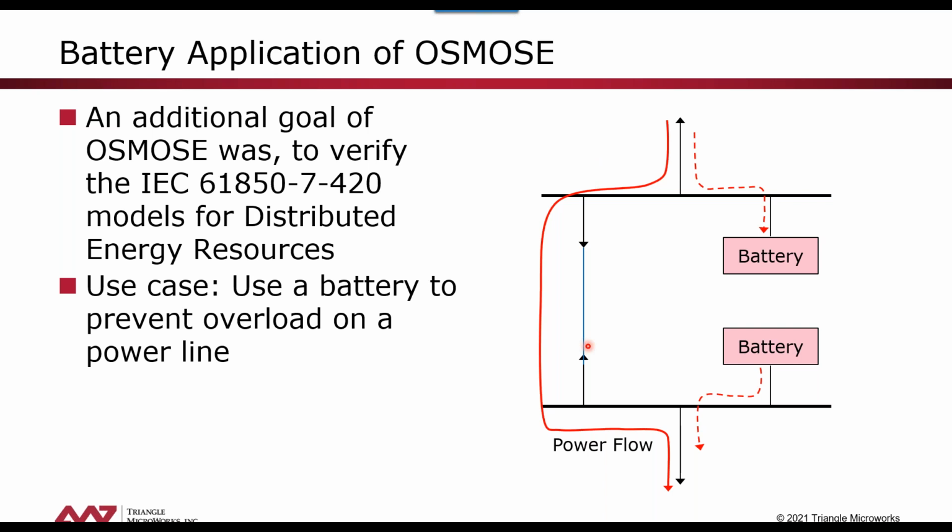In order to prevent an overload that may happen in certain situations, we now introduce on both sides a battery system as a storage. And the idea is when the power flow here goes above the threshold that we have from the line ratings, the battery down here would take the lead, would feed in this excess energy out of the battery instead of pulling it from the line.